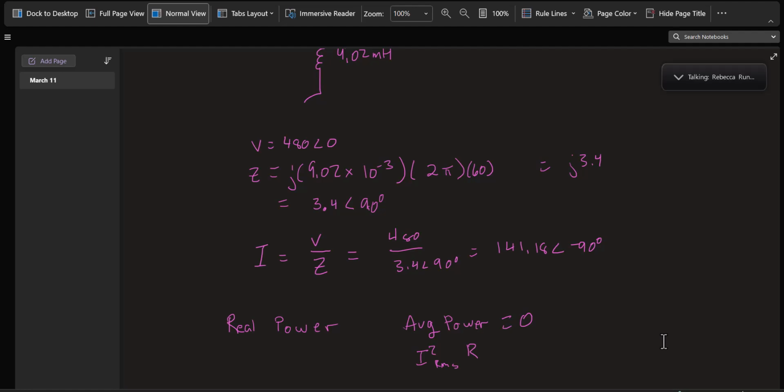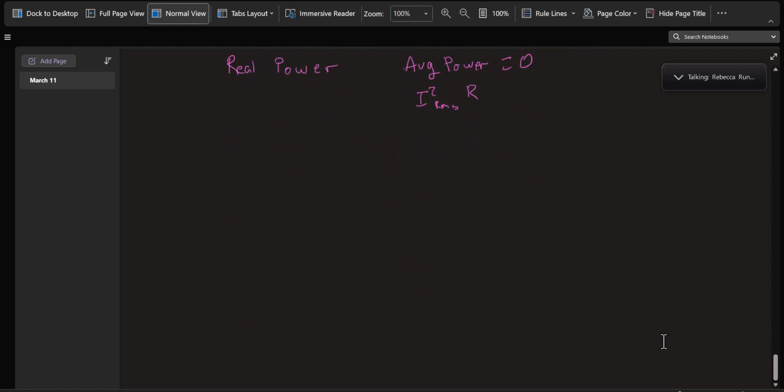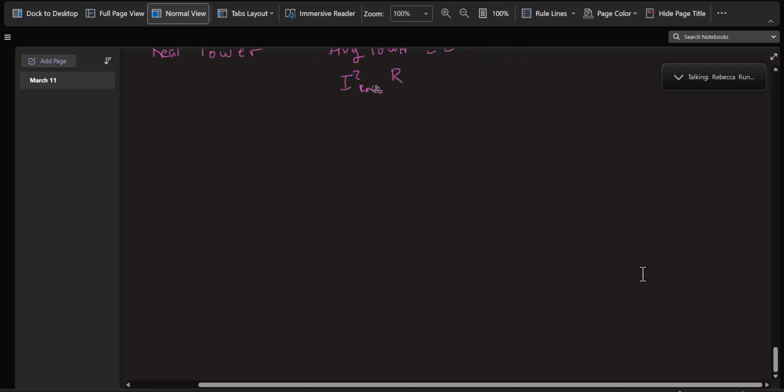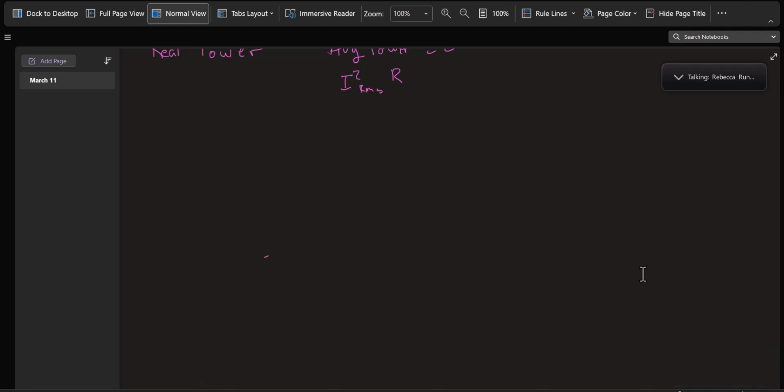And how do you determine which power formula you can use? That's a really good question. So it depends on the question that's being asked. I tend to always use the complex ones that have both the real and the imaginary parts, and then just take the one that I need.